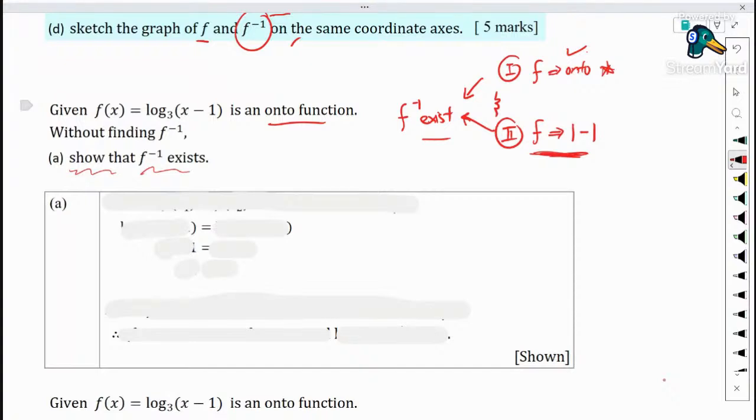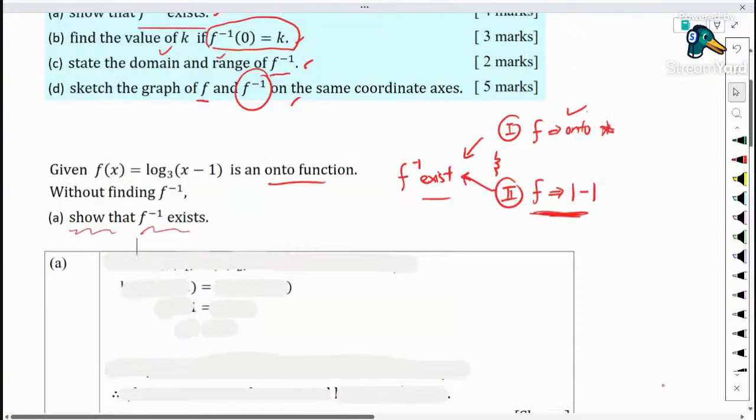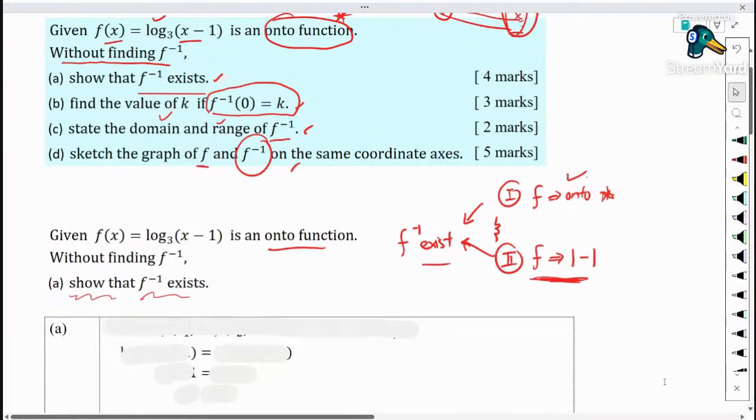Although the question doesn't have a specific requirement, if possible we try to avoid using the graphical method, as the graph only exists in part D. So we try to avoid doing something beforehand of what is required later. That's why I want to use algebraic methods here to get the proof done.